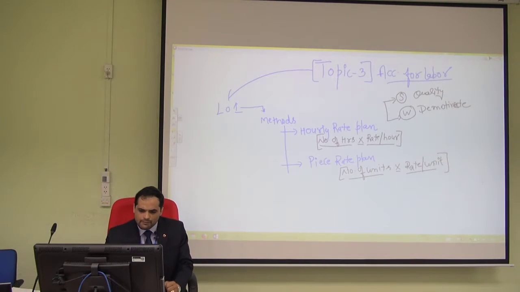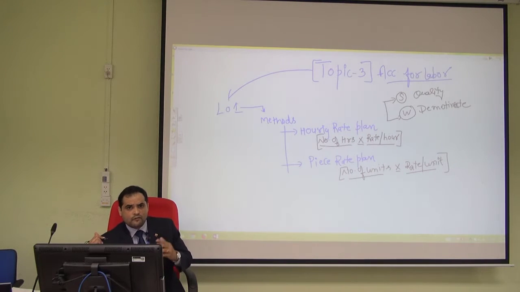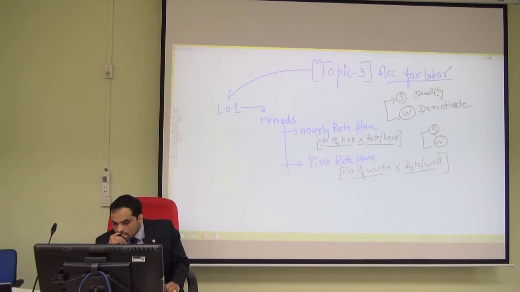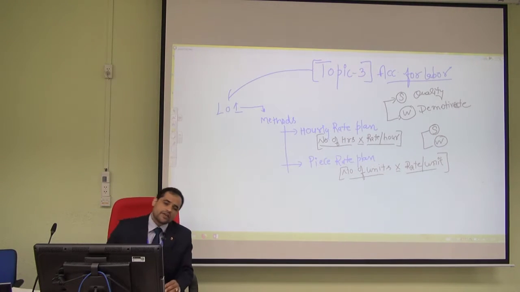Right. So just like our hour rate plan, the piece rate plan also has some advantages and disadvantages. So we can say some strengths and weaknesses, right? The strength of the piece rate plan is that it helps us maximize the output when there is unexpected demand in the market.